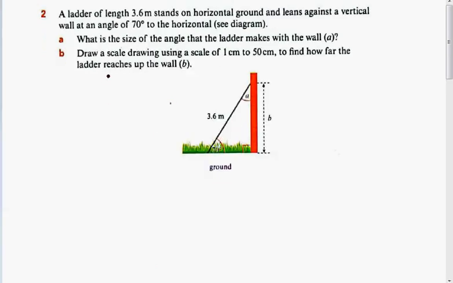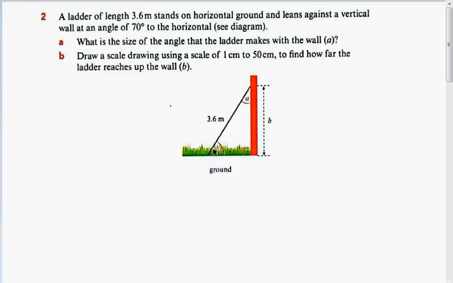Question number 2. A ladder of length 3.6 meters stands on horizontal ground and leans against a vertical wall at an angle of 70 degrees to the horizontal. What is the size of the angle that the ladder makes with the wall? So we've been given that this one is 70 degrees, and in this triangle this is 90 degrees. Sum of the angles of a triangle is 180 degrees.